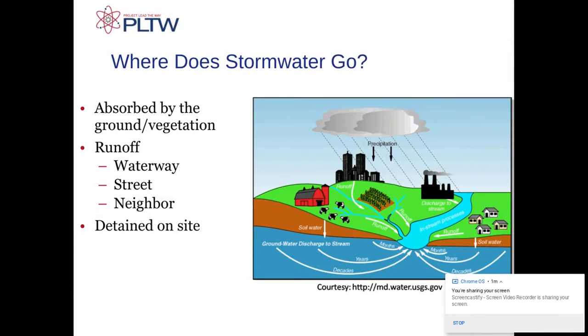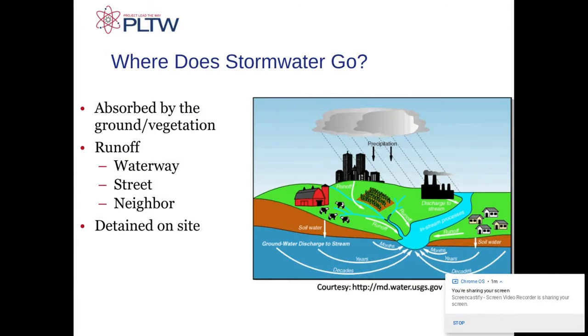All right. It can be also detained on site, meaning kept on site. So that last idea, the runoff onto your neighbor's property, that's one of the big issues, is that if you discharge onto your neighbor's property, it can cause a lot of damage to your neighbor's property. And so there's lots of laws and reasons why you can't just discharge it anywhere, or you discharge into a river.